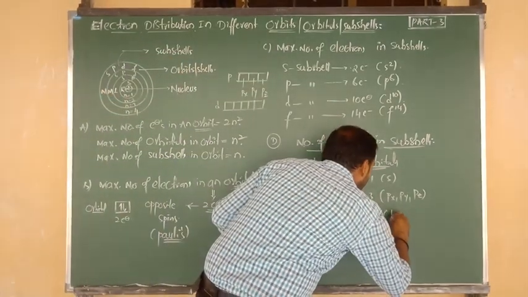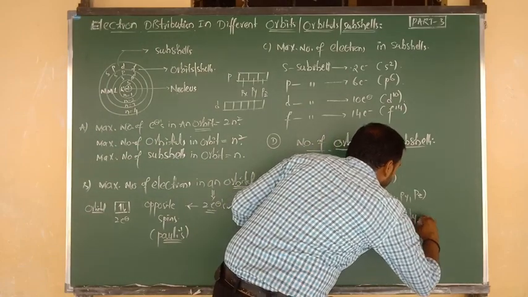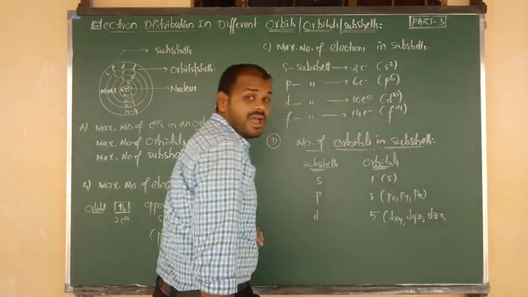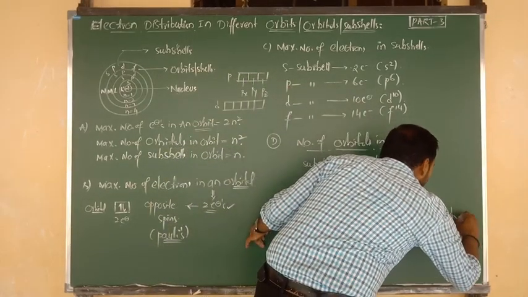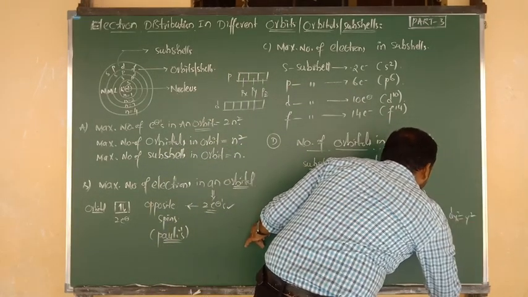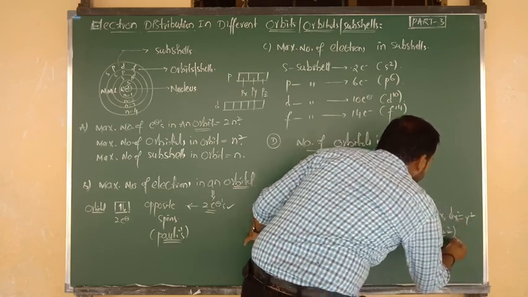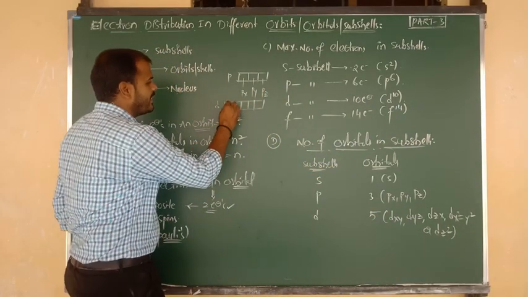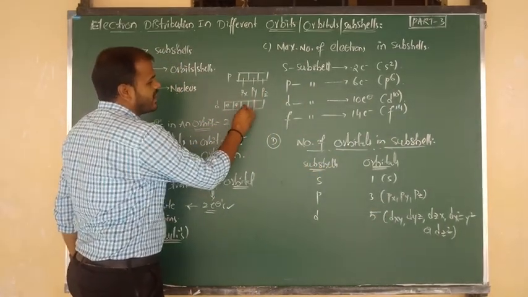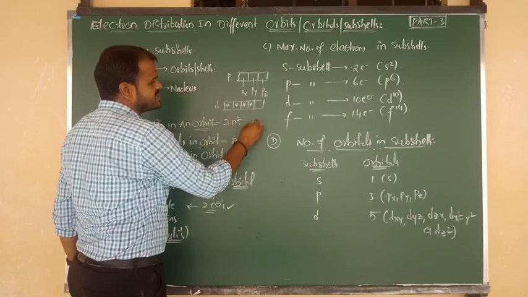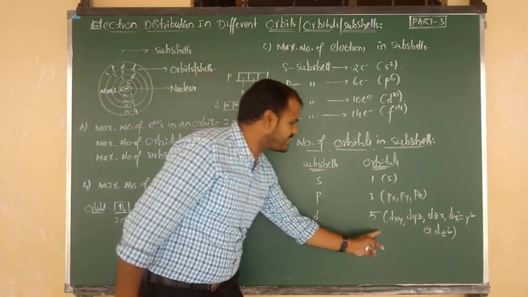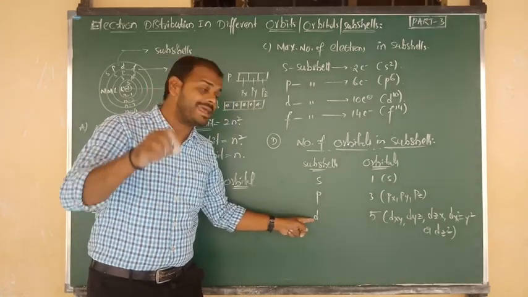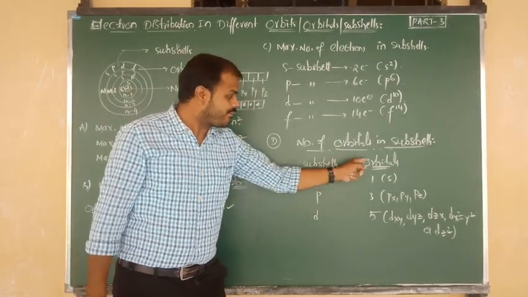One is dxy, one more is dyz, one more is dzx, one more is dx square minus y square, and one more is dz square. Like that, 5 orbitals are there. But is d an orbital? D is not an orbital. D is a subshell. In the d subshell, 5 orbitals are there.